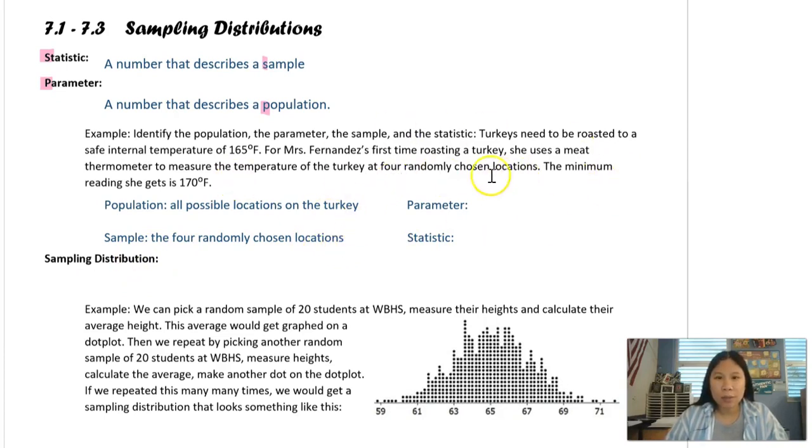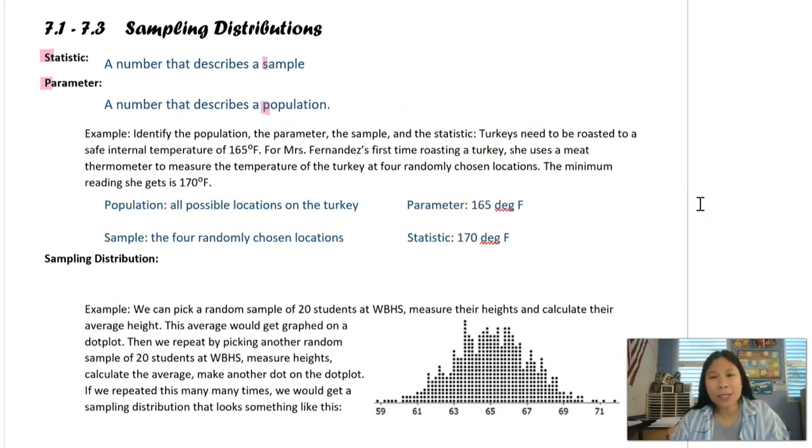Rereading our problem, it says out of the 4 randomly chosen locations, the minimum reading she gets is 170. That comes from my 4 randomly chosen locations, so that's from my sample. That would be considered my statistic, which means the 165, which is talking about the whole turkey, is the parameter. You need your whole turkey to be cooked all the way, so 165 is talking about all possible locations of the turkey.